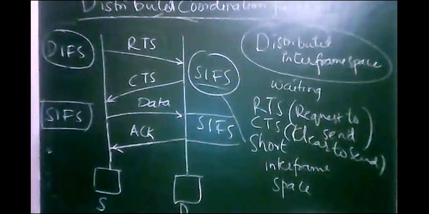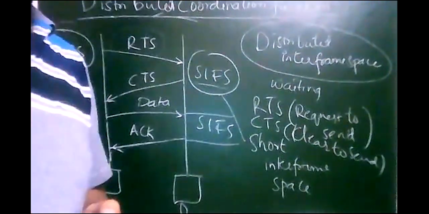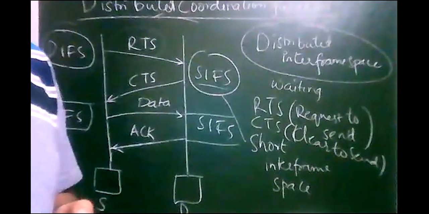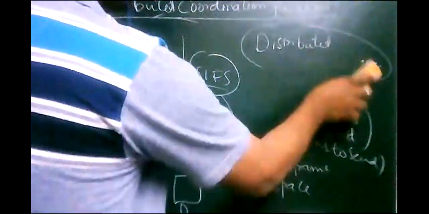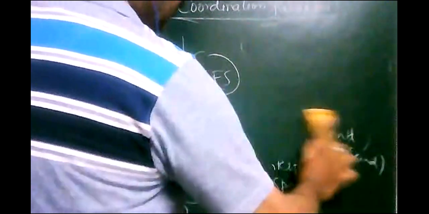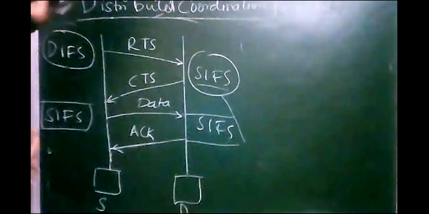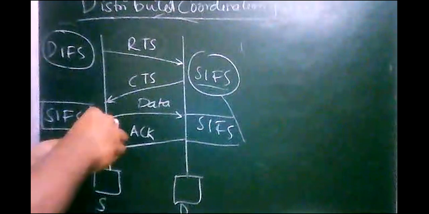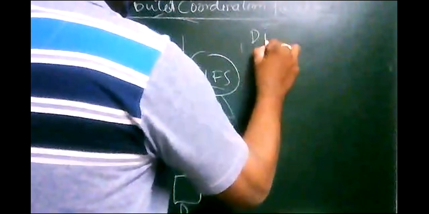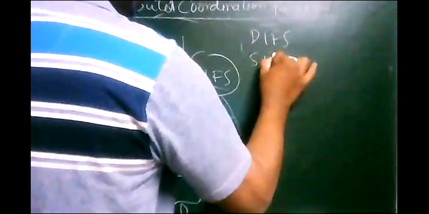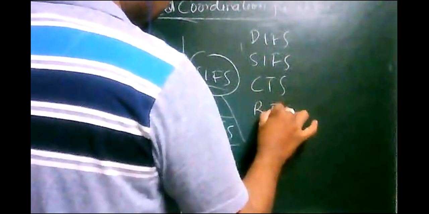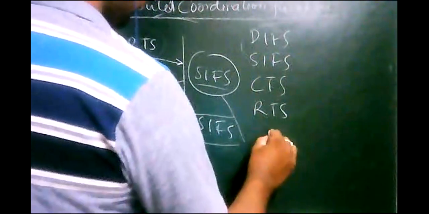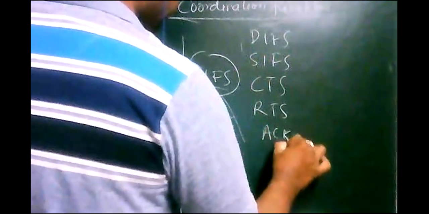So according to the distributed coordination function, I will repeat once again. Let me elaborate all these words. First one, DIFS, SIFS, next CTS, RTS, next we have ACK, that is acknowledgement.